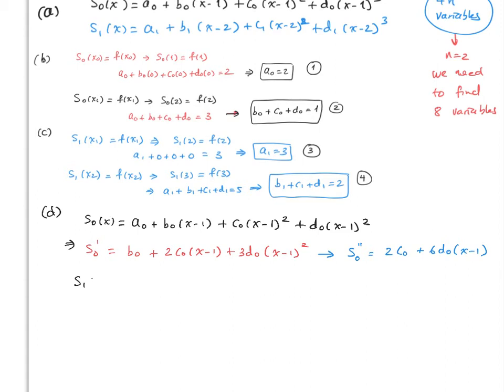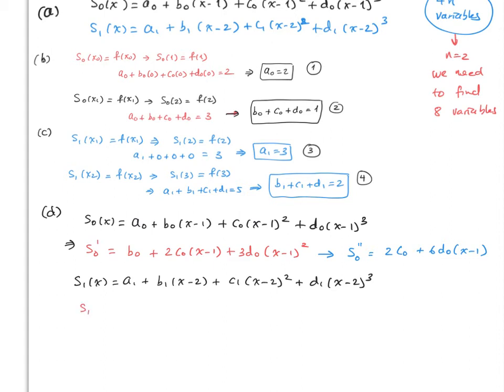Now if we do the exact same thing for s1, so remember s1 was equal to a1, b1, and so forth. Okay, so if we take the derivative, we get the following.